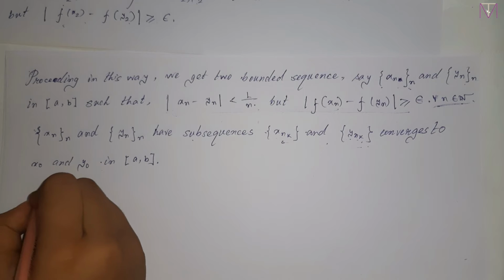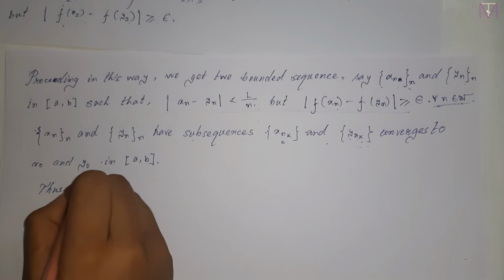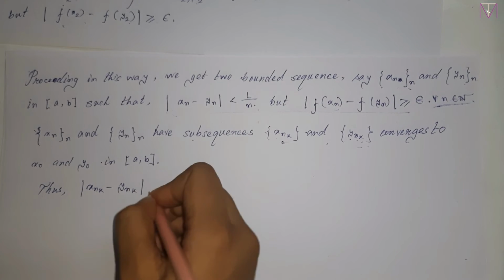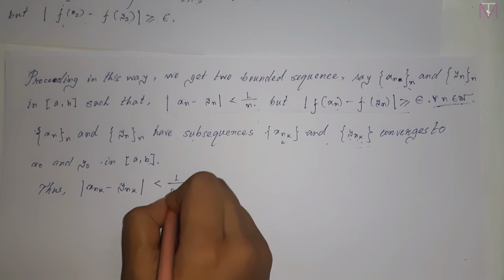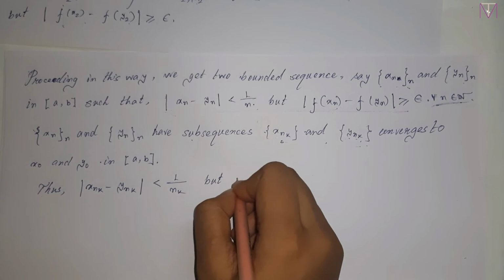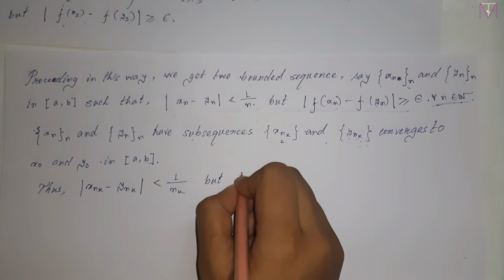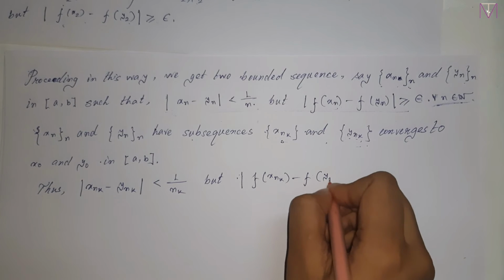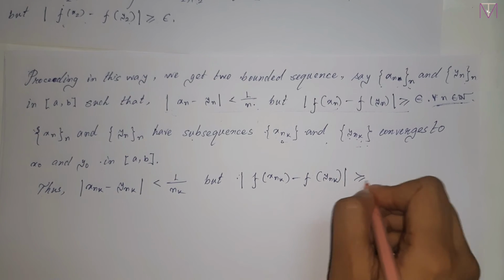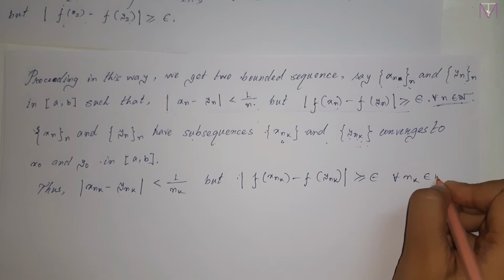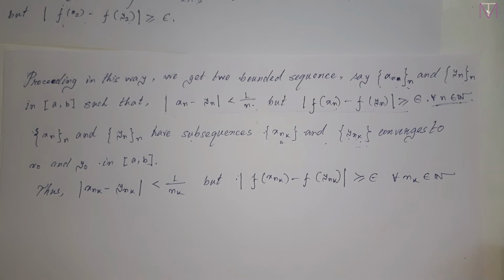So let's write this: |xnk − ynk| < 1/nk, but |f(xnk) − f(ynk)| ≥ epsilon, for all nk belonging to the natural numbers.